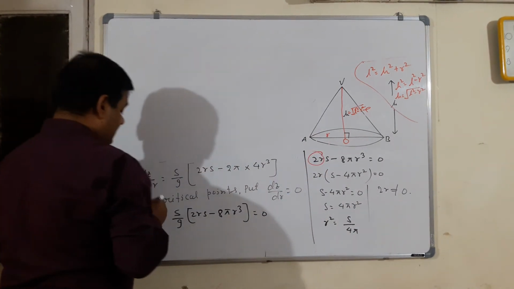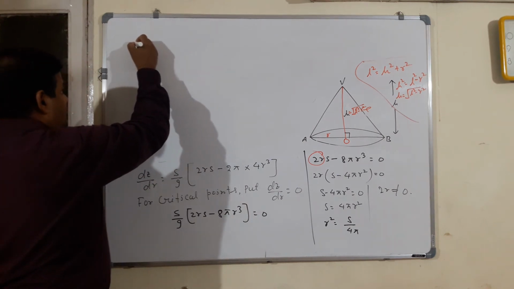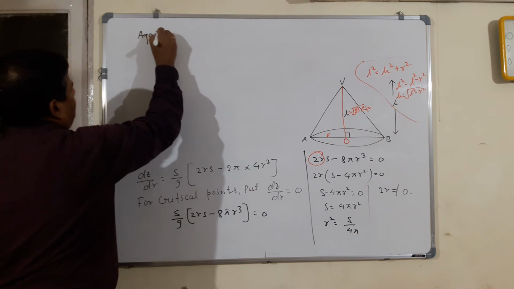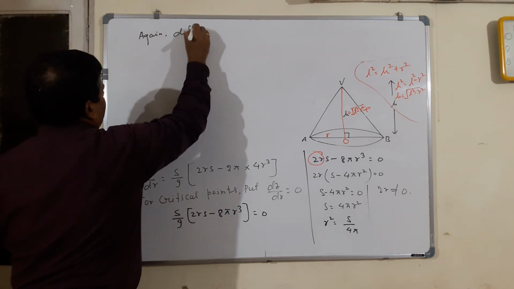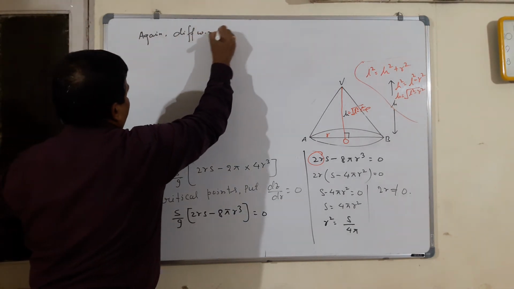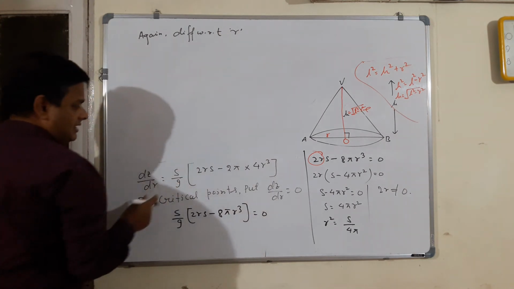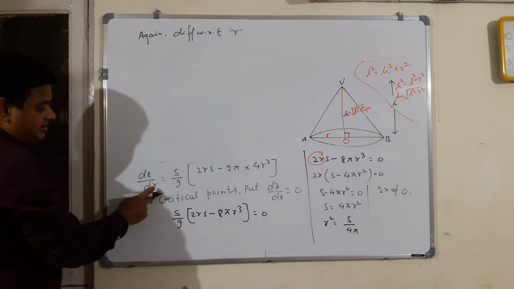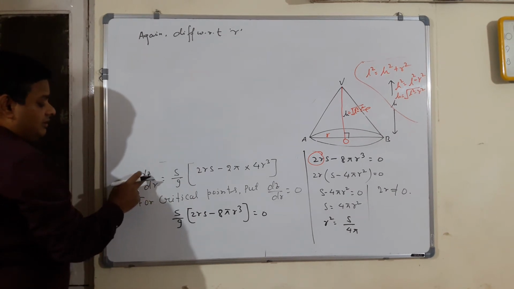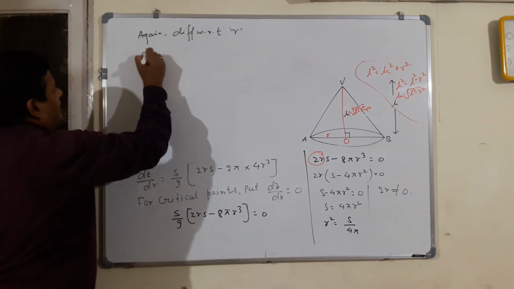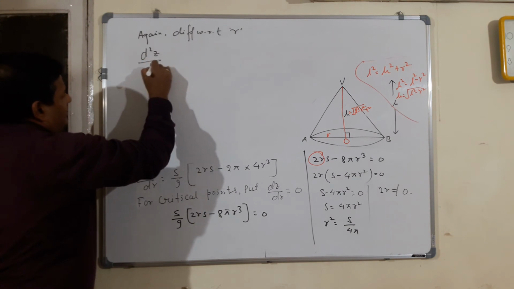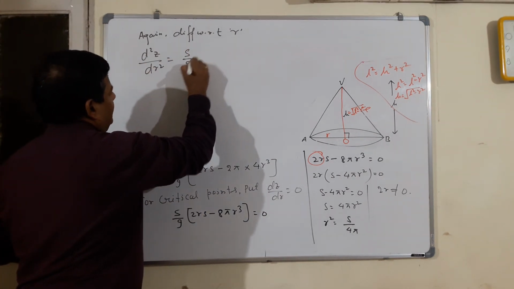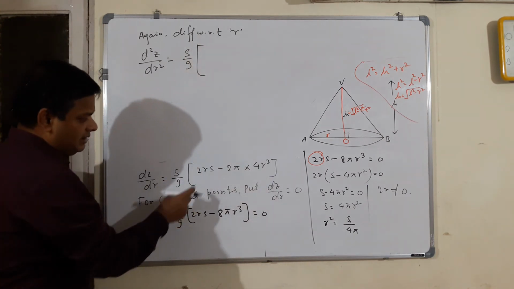Now again differentiating with respect to r. So see here, dz by dr, again differentiating, you will get d2z by dr square is equal to s by 9.